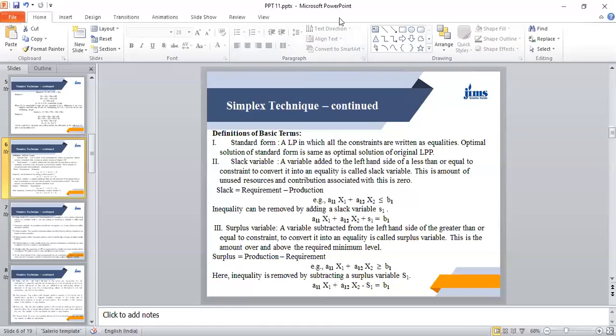It can be interpreted as the amount of unused resources, and the contribution associated with it is always 0, because it is not going to give you any profit, nor add any expenditure to the solution. So inequality can be removed in less than or equal to type inequations by adding slack variables S1, S2, S3.